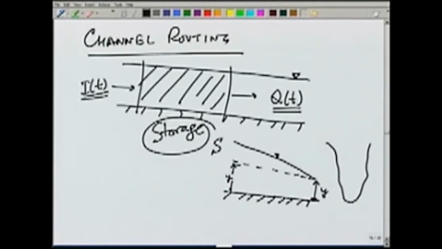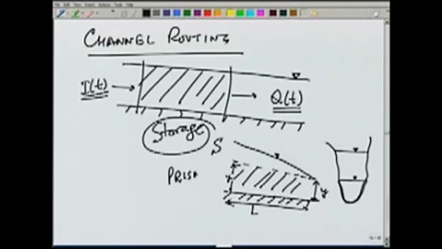If we draw the cross section, then this part is a prism of this section and of this length, and therefore, the storage within this area where the depth is taken same as the downstream depth is called the prism storage. And we typically can write this as S P for prism storage.